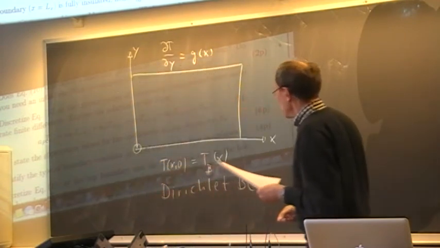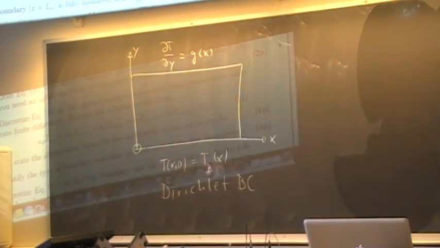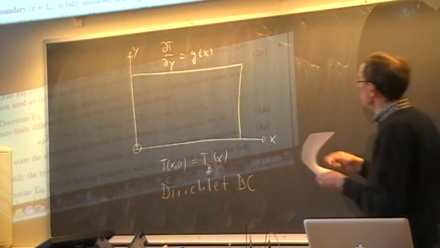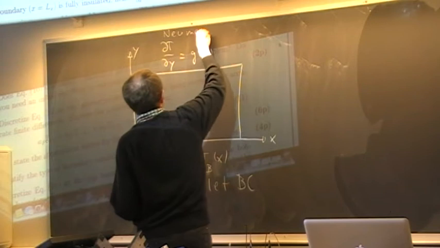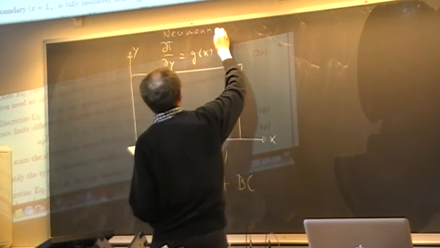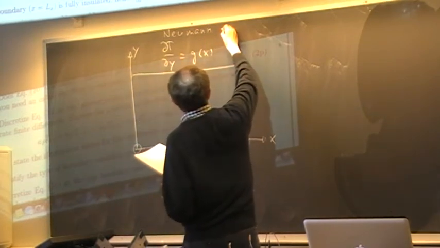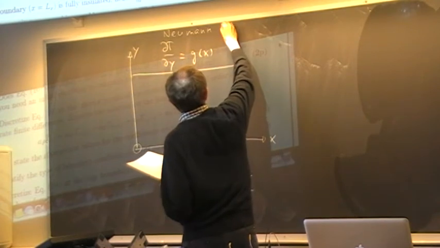So what kind of boundary condition is that? Neumann, exactly. That's the Neumann boundary condition. The normal gradient is given. That is a Neumann boundary condition.